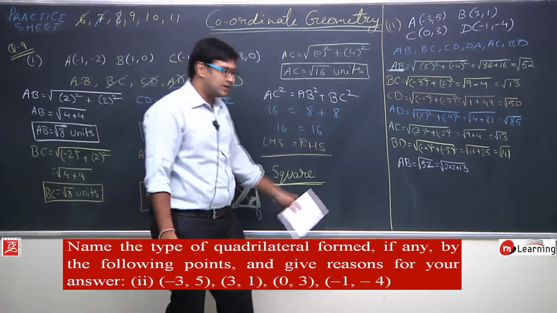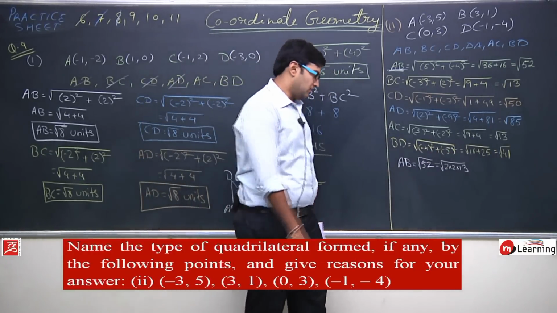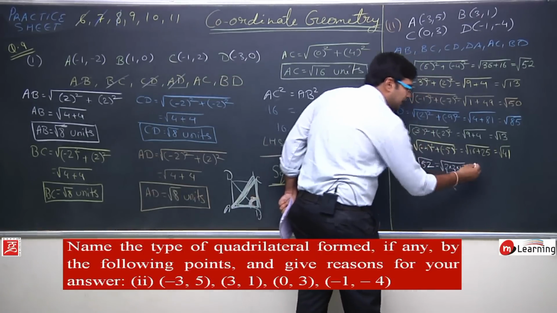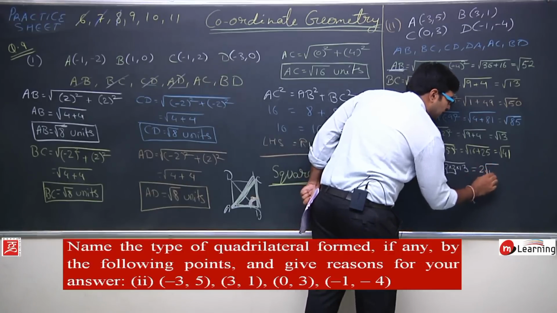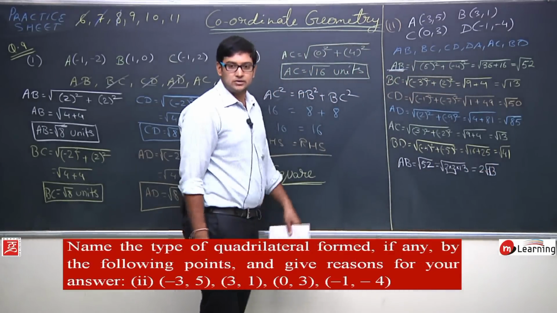AB जो length है, it is basically square root of 52 which is 2 into 2 into 13. Now this 2 into 2 into 13 में से एक 2 का पेयर बाहर आ जाएगा and it will become 2 root 13 units. Okay, it will be 2 root 13.